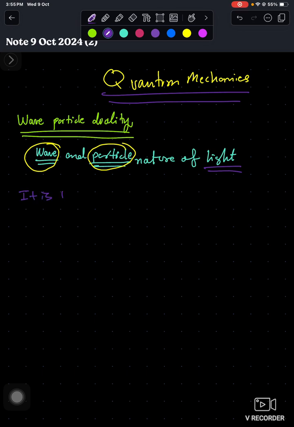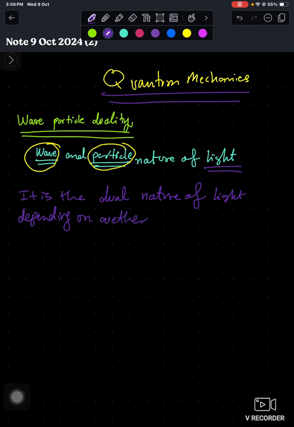It is the nature of, or wait, let me say it is the dual nature of light depending on whether it's observed or not observed.